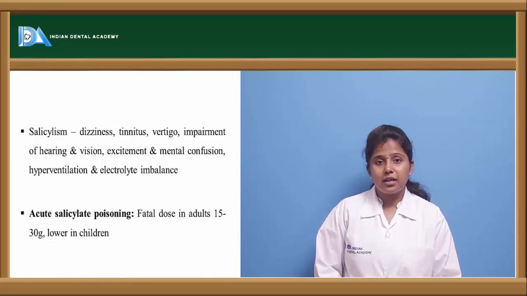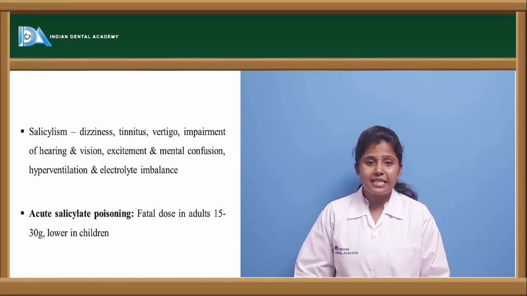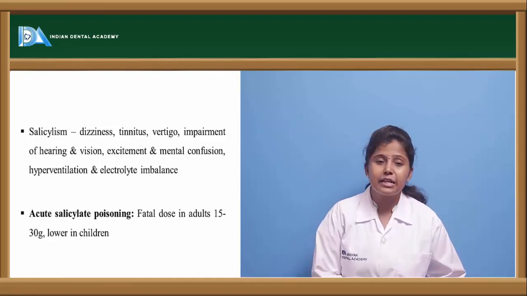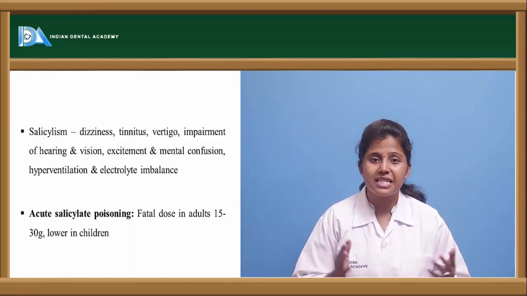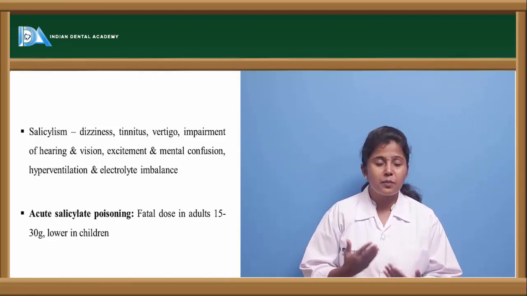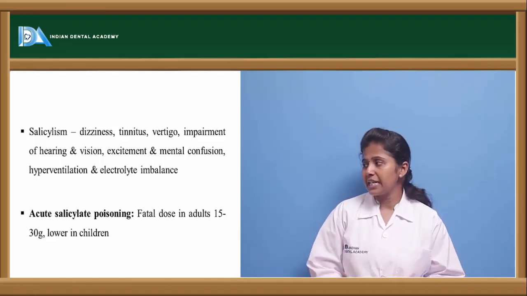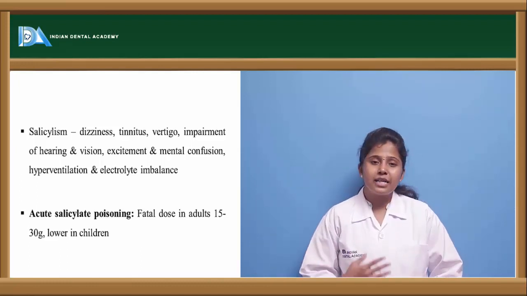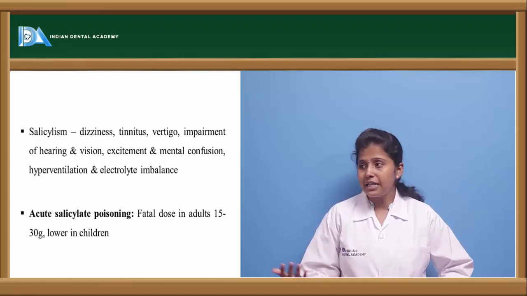On increase in the dose, it causes salicylism. It shows symptoms like dizziness, vertigo, impairment of hearing and vision, the person can't hear and see properly, excitement, mental confusion, hyperventilation, and electrolyte imbalances occur in salicylate poisoning.